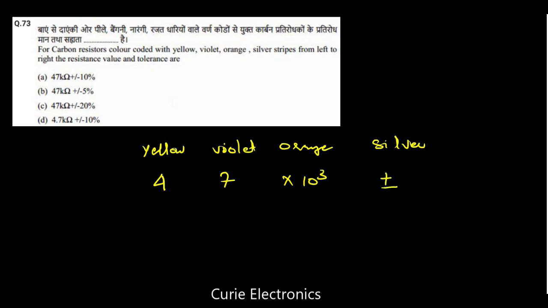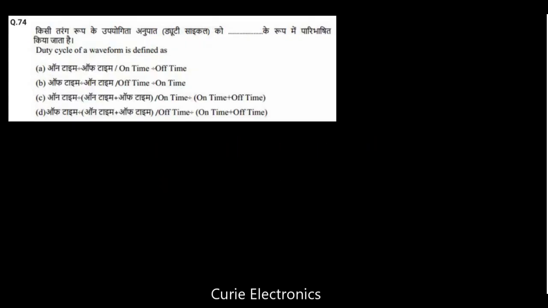The fourth one is the tolerance, plus or minus 10%. So it is 47 kilo ohms plus or minus 10%. So what is the answer? 47 kilo ohms, option A is the answer. Plus or minus 10% is the tolerance.